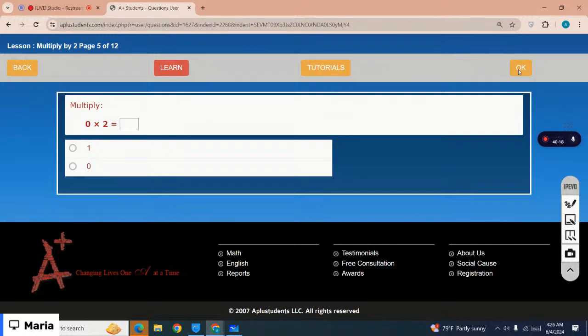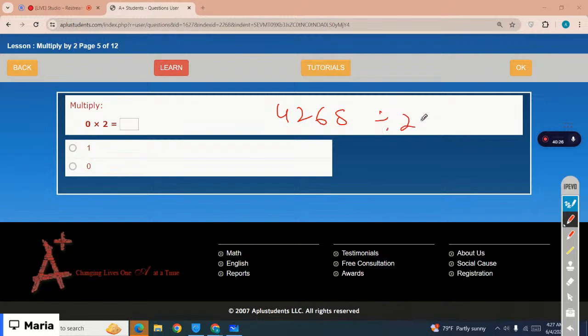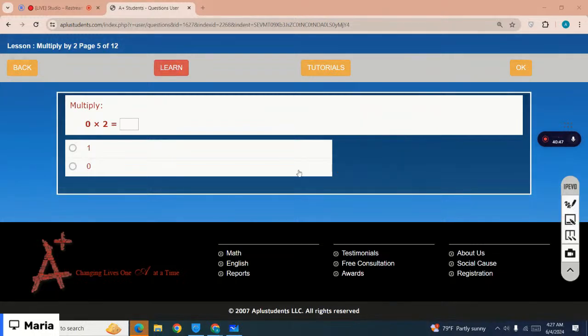For example, if you are told to divide, then you have to divide. But if you have a question like this, you have to multiply. Just look at these signs. Got it? 2 times 0 is 0. The correct option is 0.